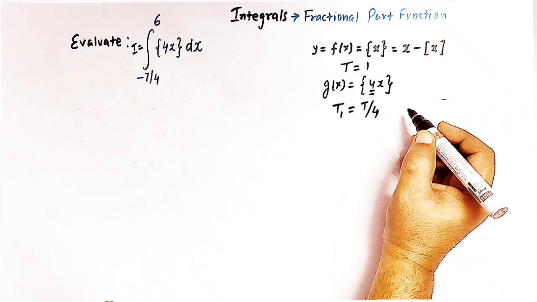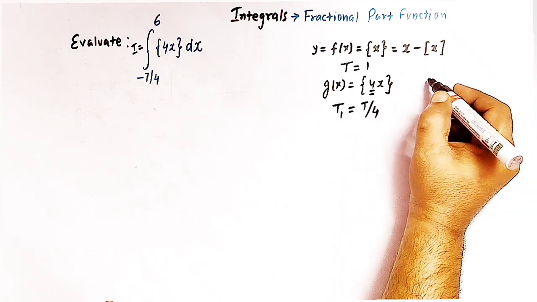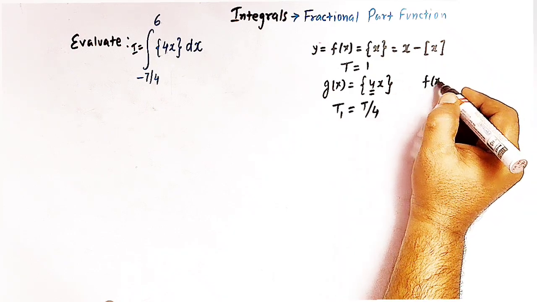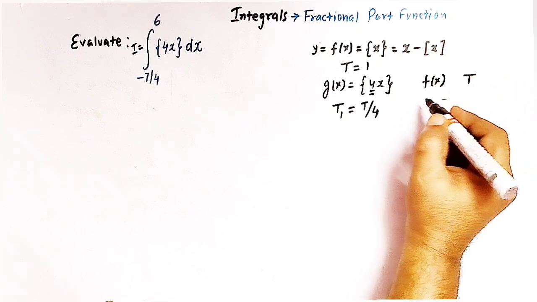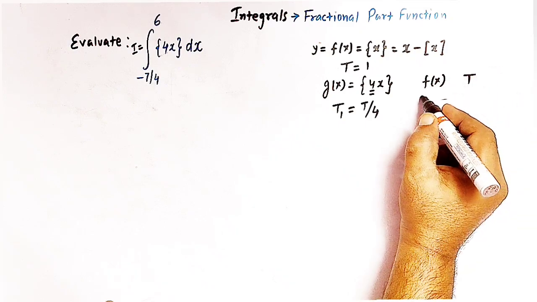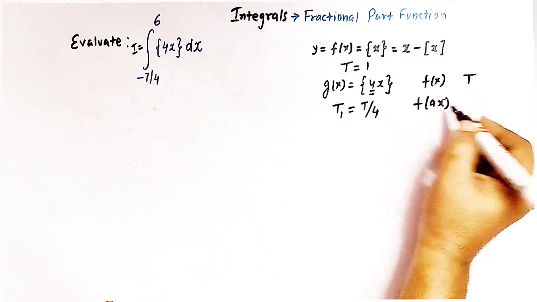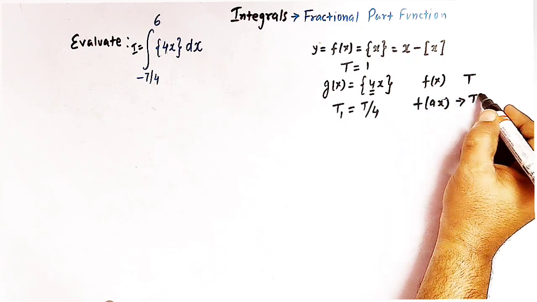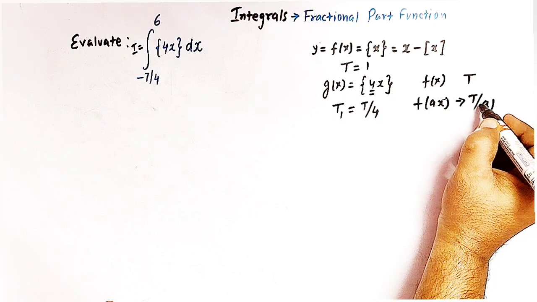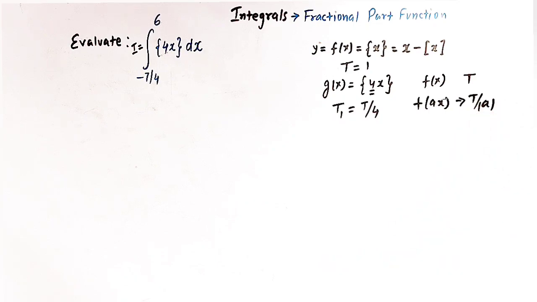And we know that if we have the function say f of x and its period is t, then the period of f of ax is given by t by modulus of a.